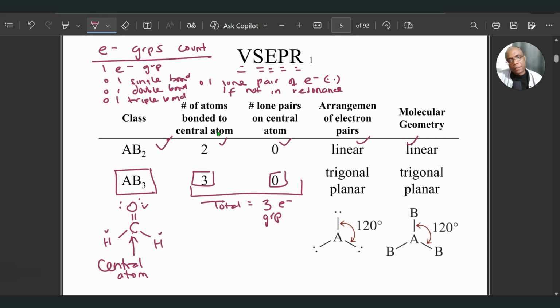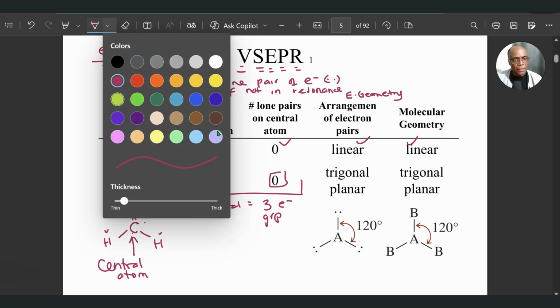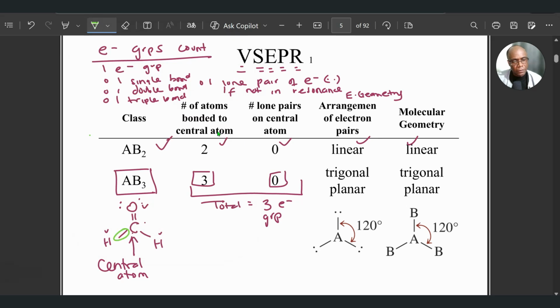So if I'm looking at this carbon, looking at electronic geometry, I'm going to look at electron groups. Here I have single bonds and a double bond. There are 3 electron groups there. Again, justifying our count here with no lone pair.